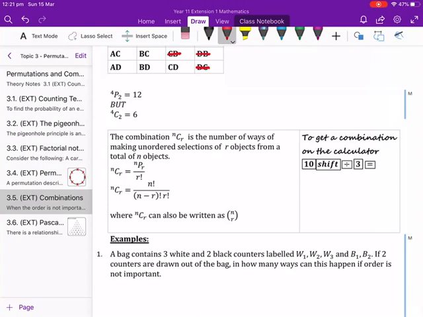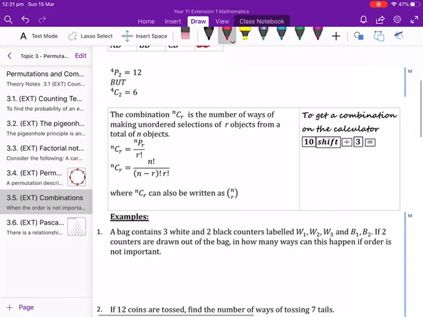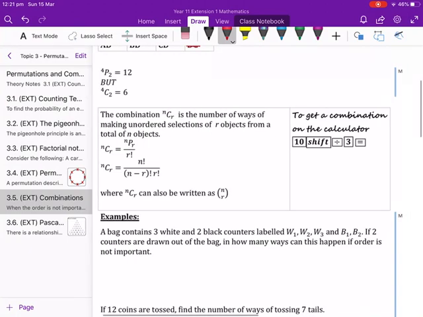So we can see here that nCr equals nPr, which is just our permutation, over r factorial. So nCr equals n factorial over (n minus r) factorial times r factorial. This is also where nCr can be written as a big bracket with n over r, or rather, it's not over r, it's just n on r.